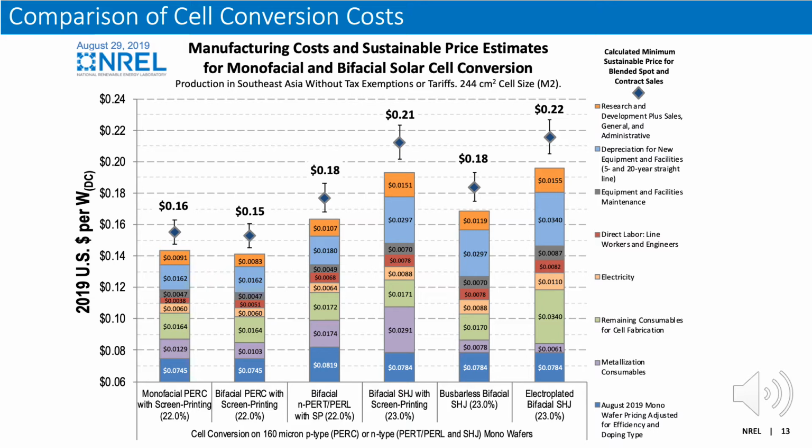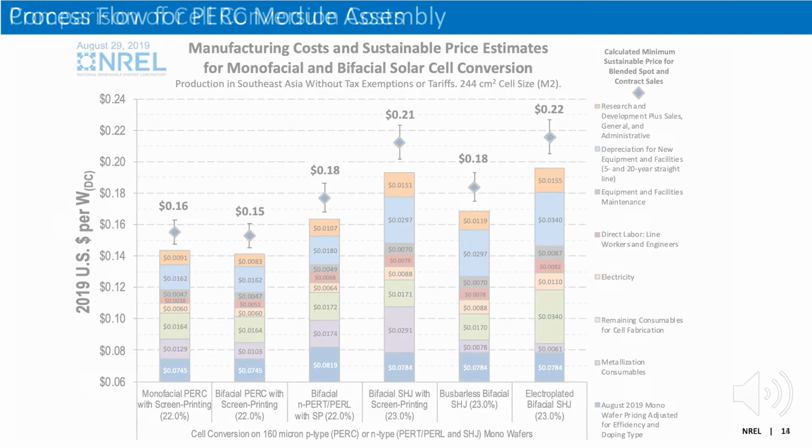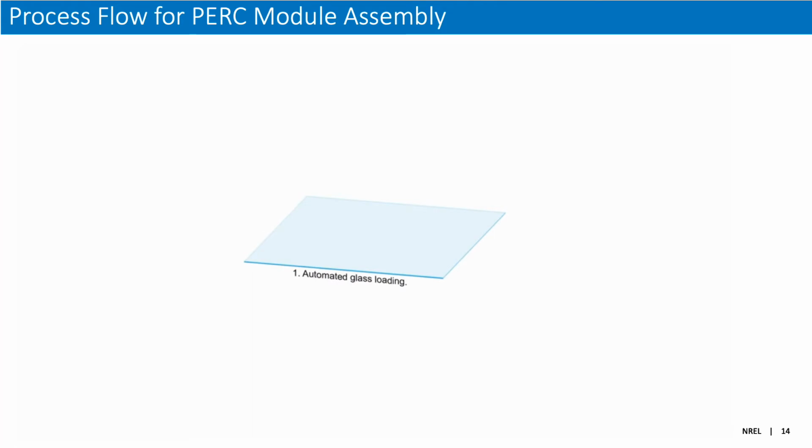So now we will move to the final stage of our cost model, module assembly. I'll review a typical monofacial PERC module assembly process in the next slide. The first step is the automated unloading of AR-coated solar glass, where the AR side is facing down. An encapsulant sheet is then laid down on top of that glass.